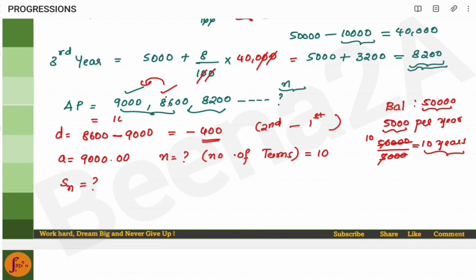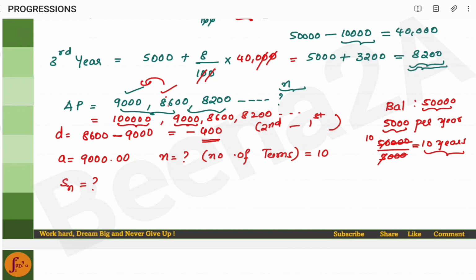So let's not forget that 1 lakh. 1 lakh he has paid. Then after that he is paying 9,000, 8,600, 8,200 and so on. Do not take 1 lakh as the first term. First term is always 9,000 itself. But 1 lakh is what he has made as an initial investment. We'll have to add this 1 lakh to this Sn.